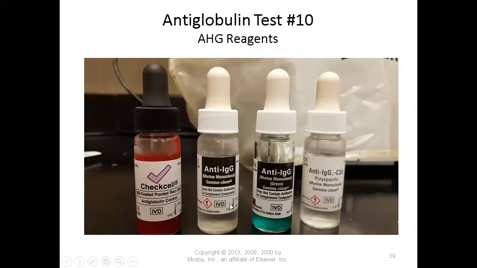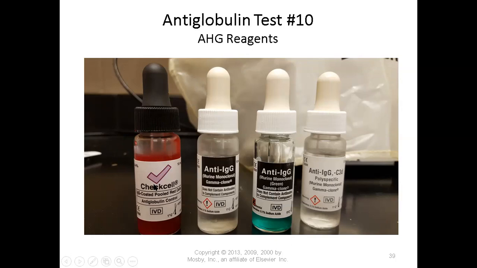Some labs really do prefer to use a bottle of AHG that has a pigment to it. Similar to the reasons why anti-A and anti-B have colors, we know we added it when we see the green color in the tube, so it reduces an error of missing adding it to the tube.